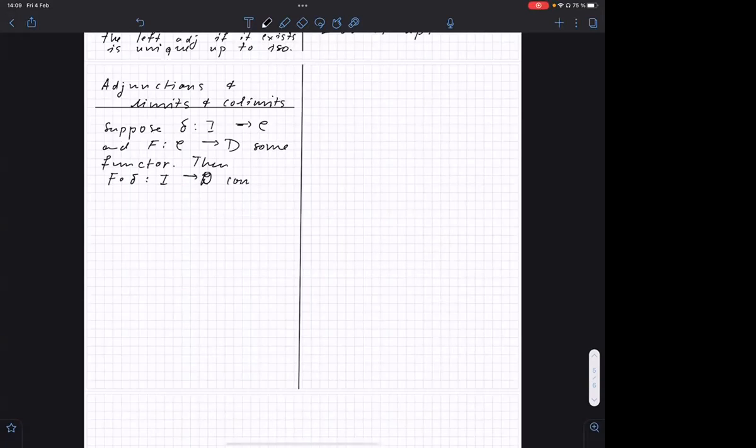And actually, I don't want to imply that this is a left adjoint. I've been calling my left adjoints F, so let me just call this Phi.